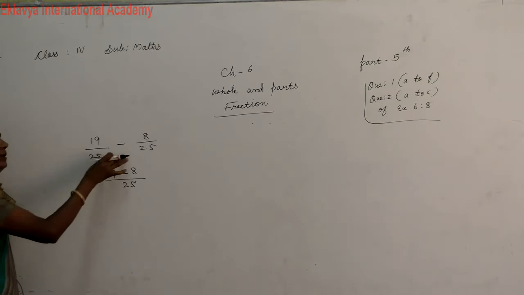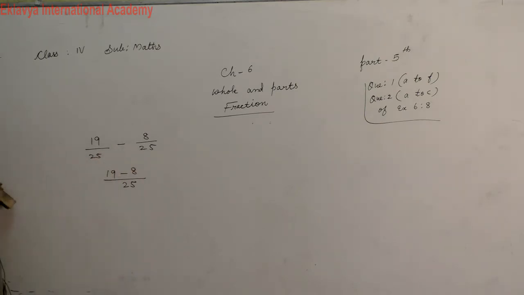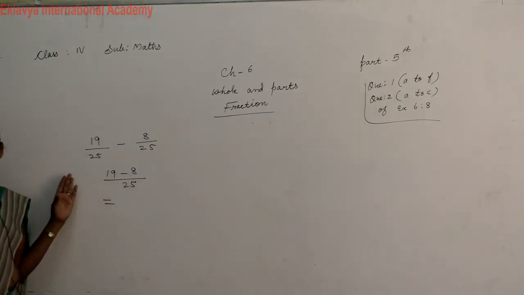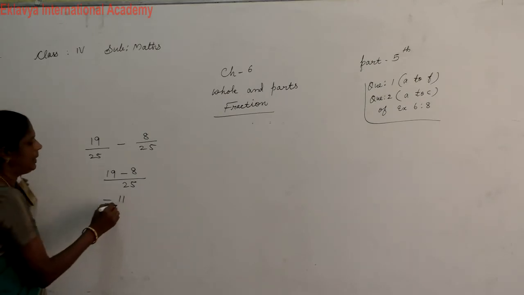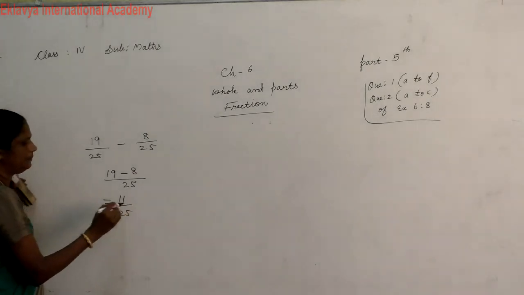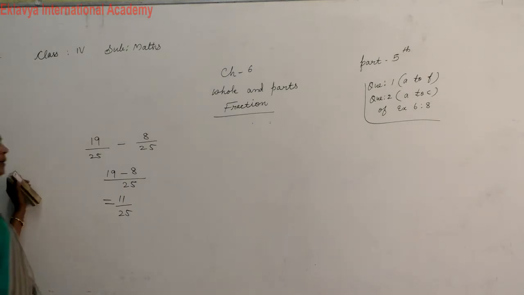We don't repeat the denominator. Now you subtract, 8 taken away from 19. What is your answer? 11 by 25. Another question.